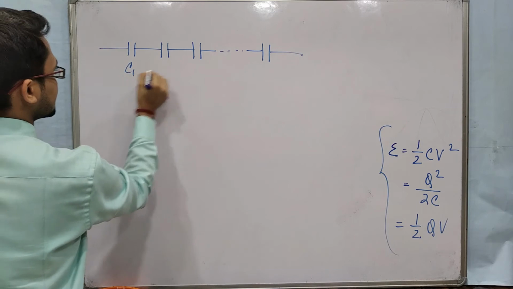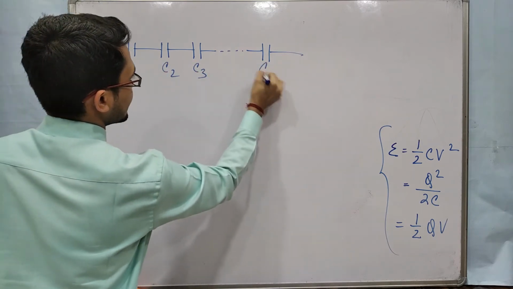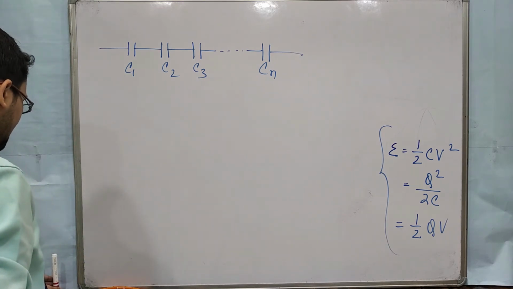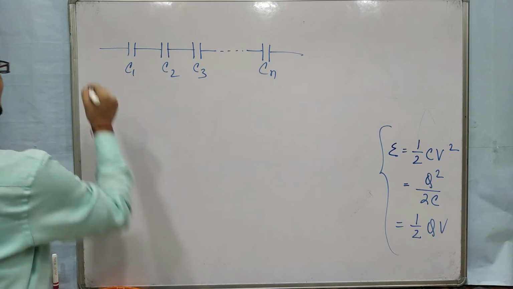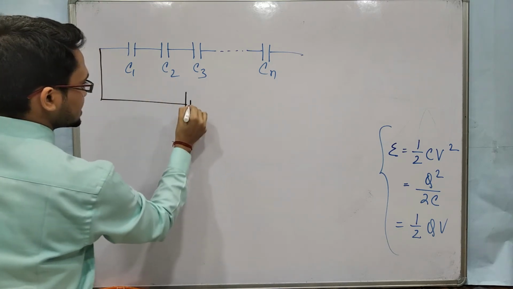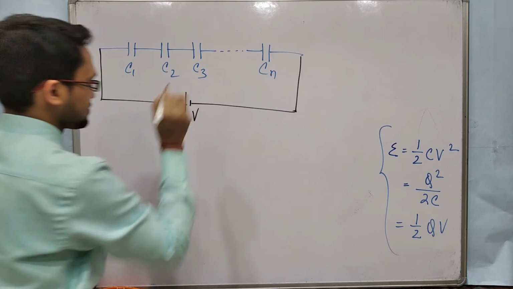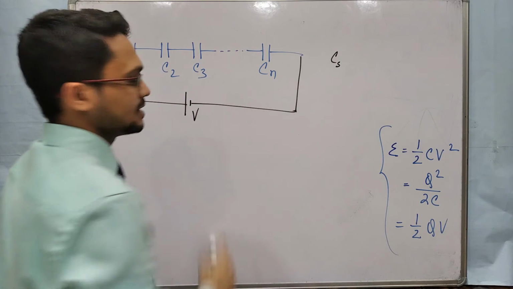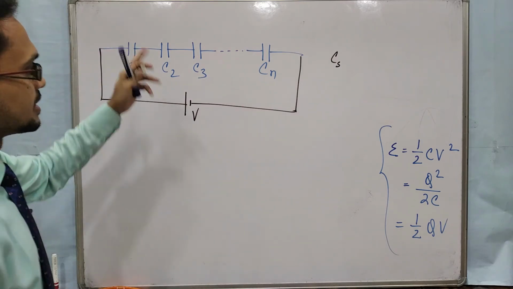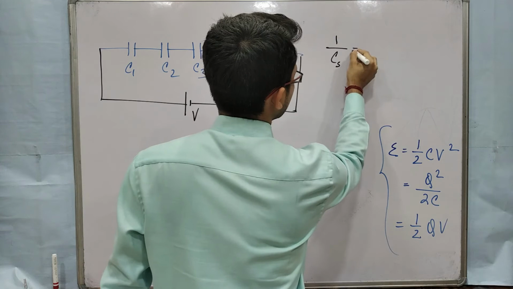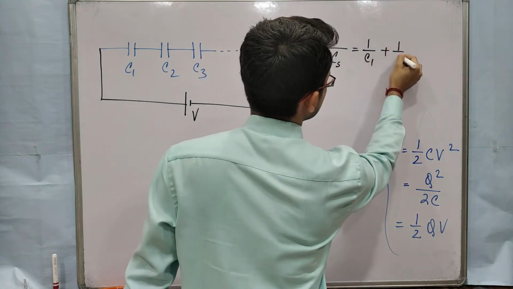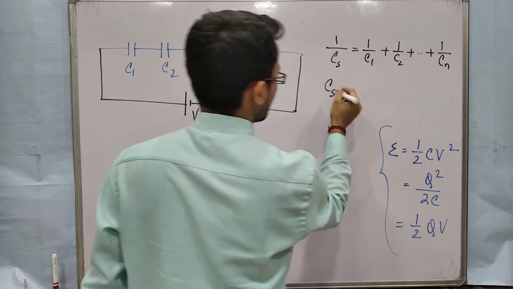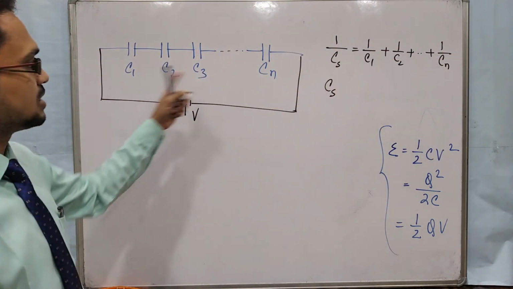Suppose the capacitors are different, C1, C2, C3, up to n number of capacitors, connected across a battery of potential V. Here you will get CS, whose reciprocal is 1 by C1 plus 1 by C2 plus dot dot dot 1 by Cn, and we know that CS is always smaller than the individual capacitances.